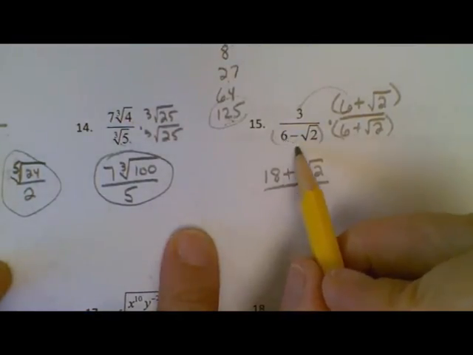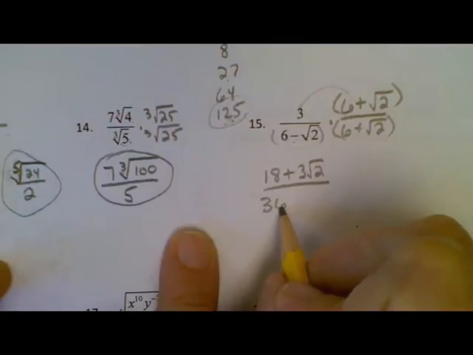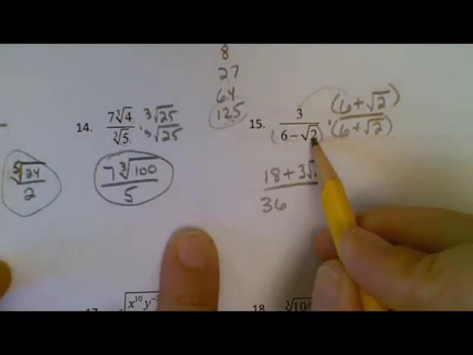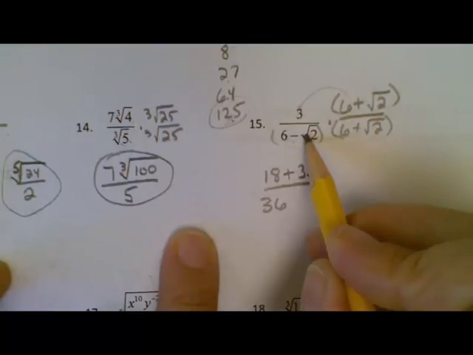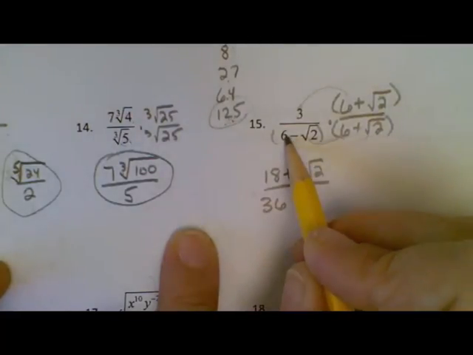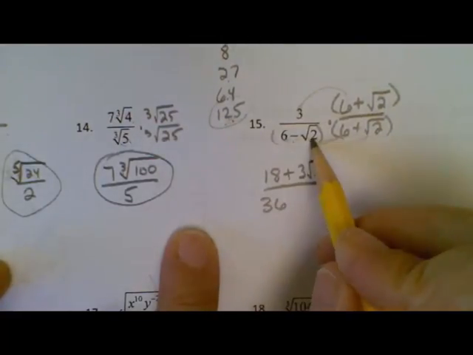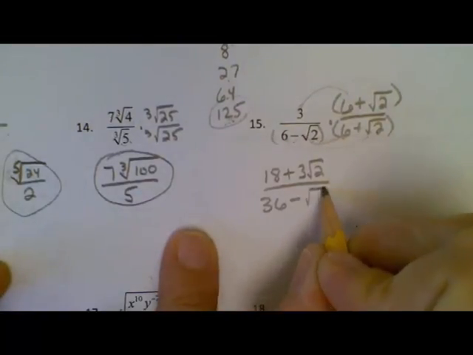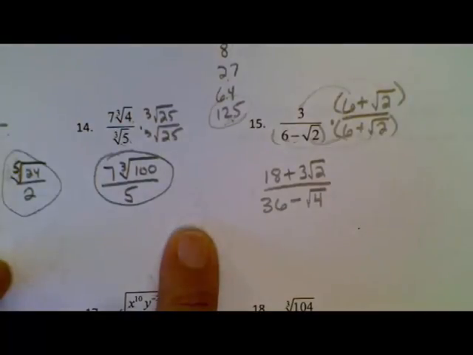In the denominator, 6 times 6, 6 times square root of 2, and 6 times negative square root of 2, because they're conjugates, will always drop out. So you can write them down if you want to, but you don't have to. The inner and outer product will always cancel out. But I do have to multiply the last terms. Negative square root of 2 times positive square root of 2 is a negative square root of 4.